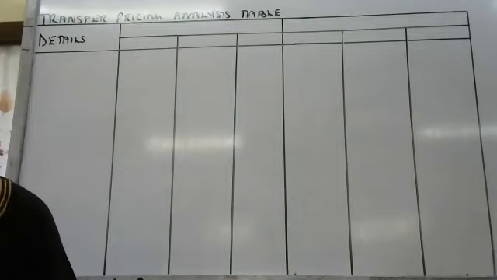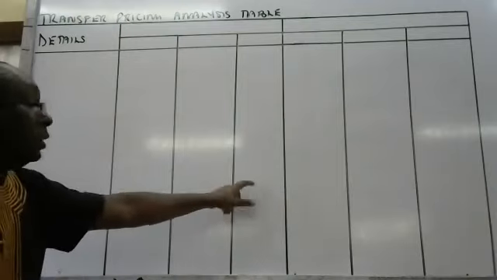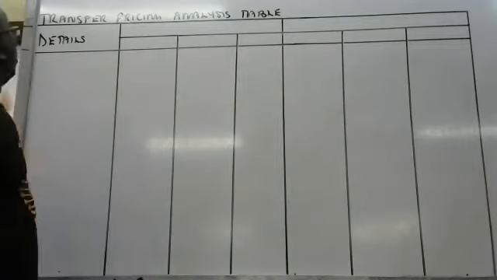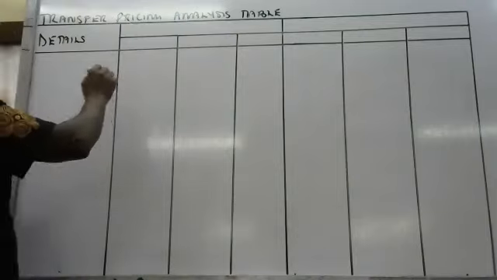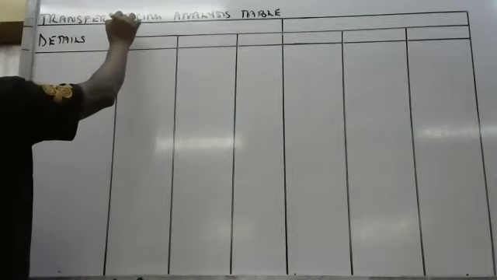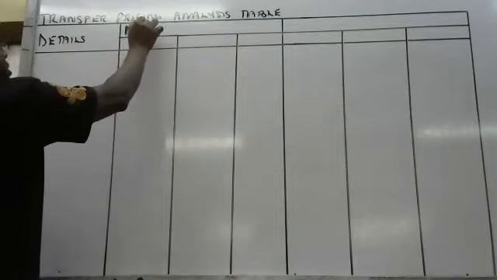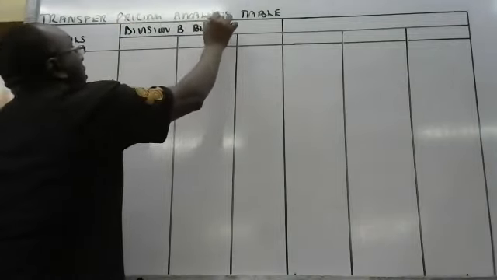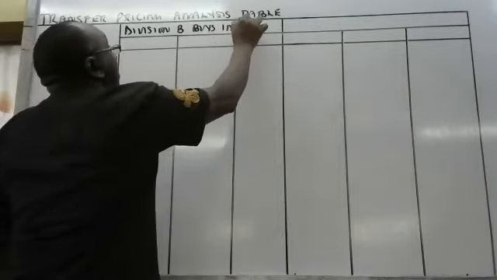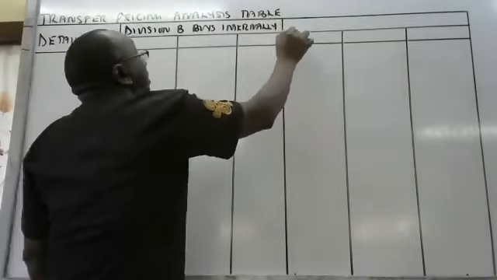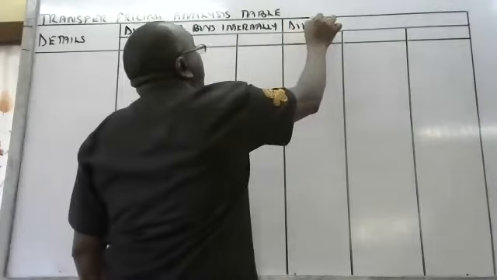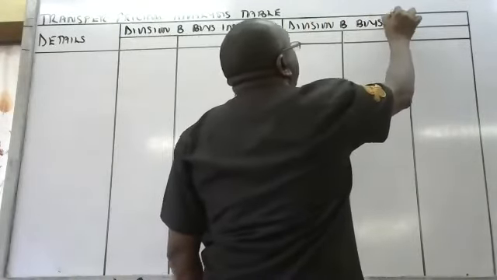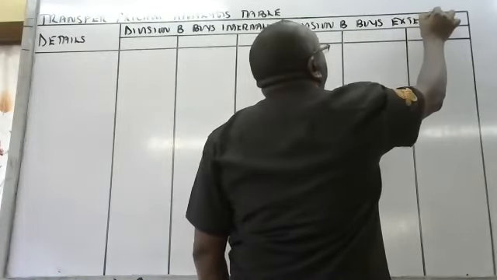I can still combine fixed cost. So division B buys internally and division B buys externally.